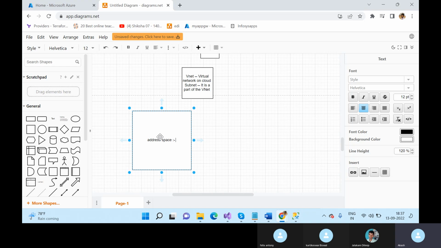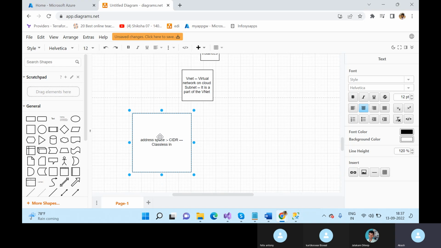So what do we call an address space? Address space is basically defined using CIDR. CIDR stands for classless interdomain routing. Using the CIDR notation, you will be able to determine how many IP addresses I can have.